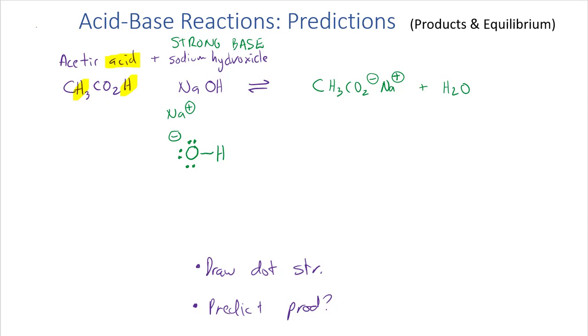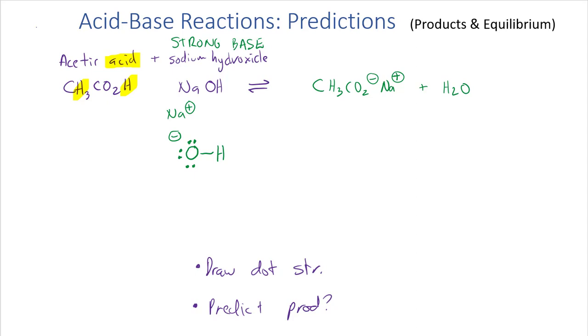Now notice we've drawn a covalent bond between the oxygen and the hydrogen. We have an ionic bond between the sodium and the oxygen because those 2 are an ion pair, 1's plus, 1's minus, and there's no line in between the 2.